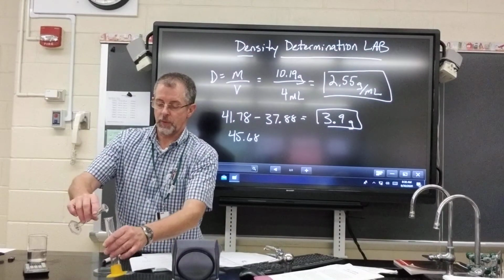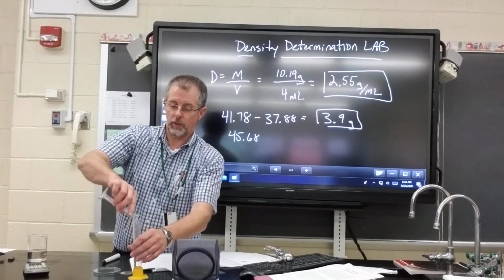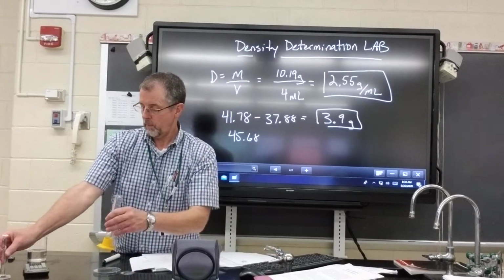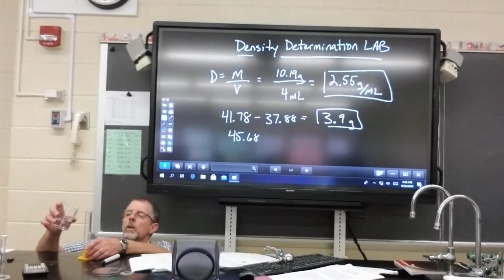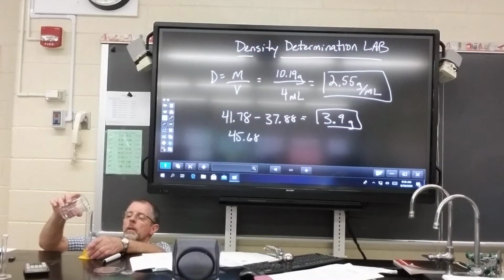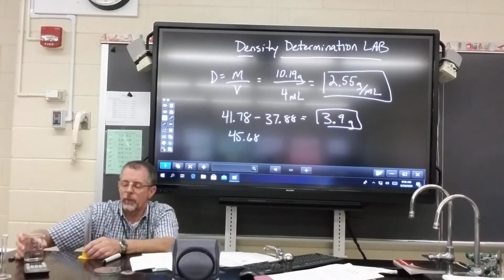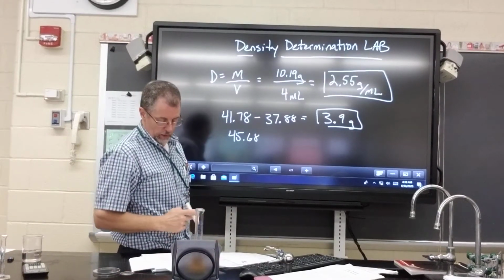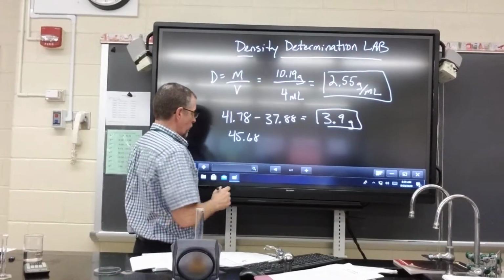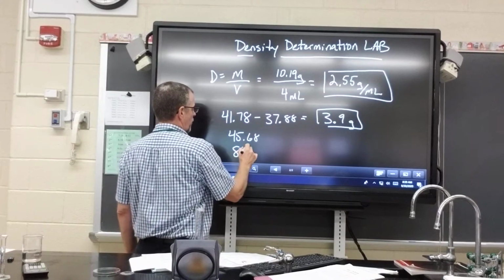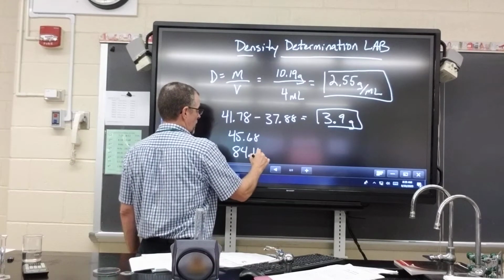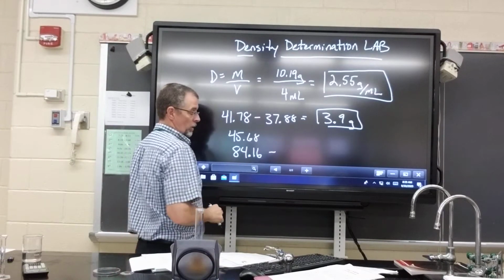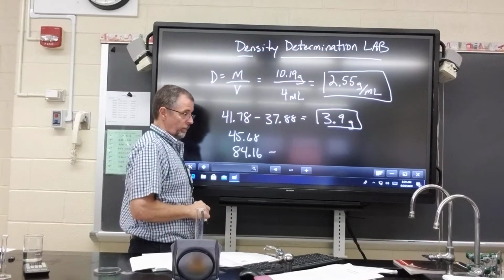Next, I'm going to go to 15, so now I have to go to the larger cylinder. So again, I go to 15. And this gives me 84.16. And now here I have to subtract the weight of the largest cylinder.